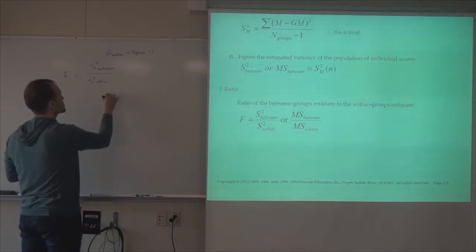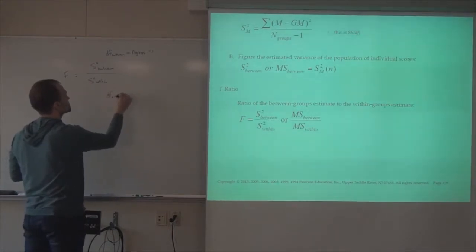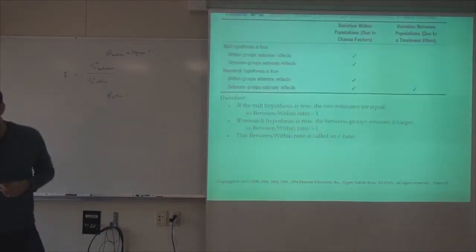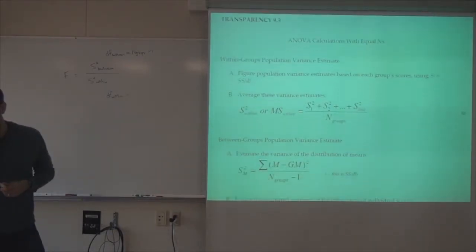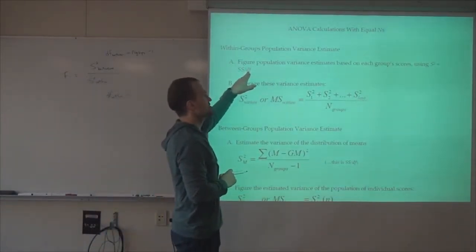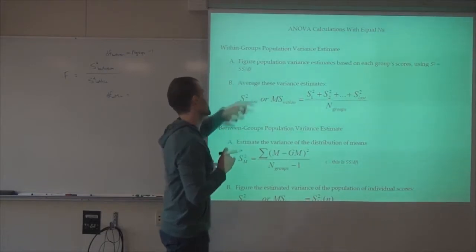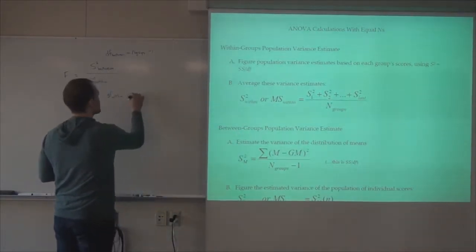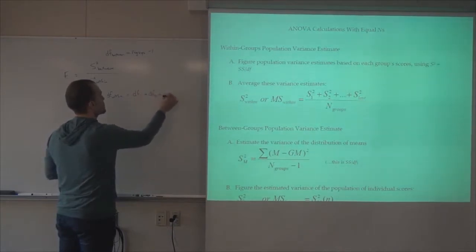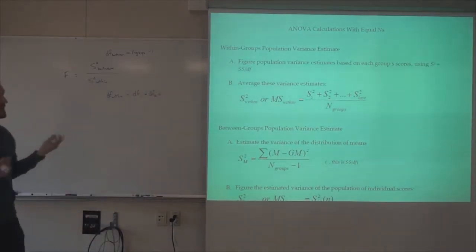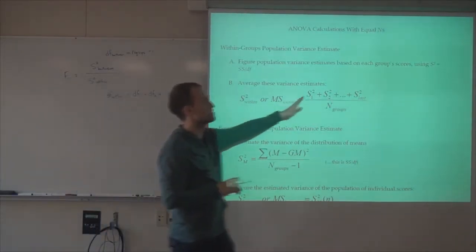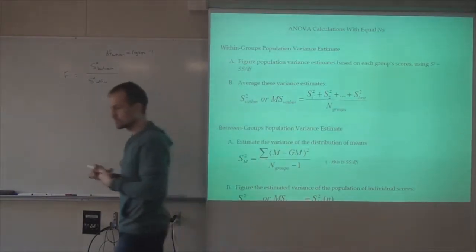This one, the degrees of freedom within, is going to be the degrees of freedom for each of the samples. So it's going to be the degrees of freedom for sample 1, degrees of freedom for sample 2, and so on, for however many I have to compare. First one to the last one, however many there may be.